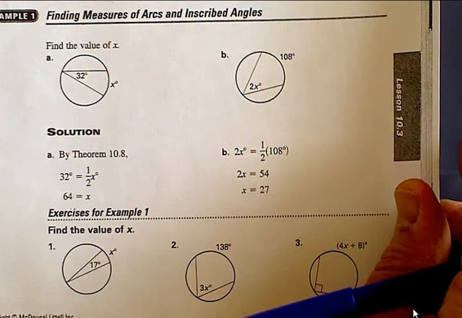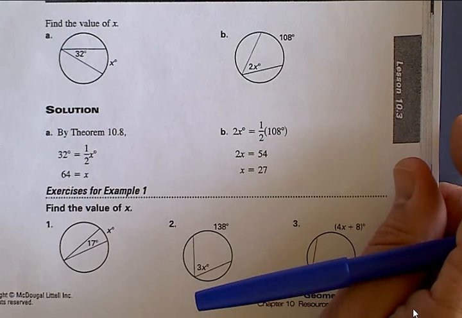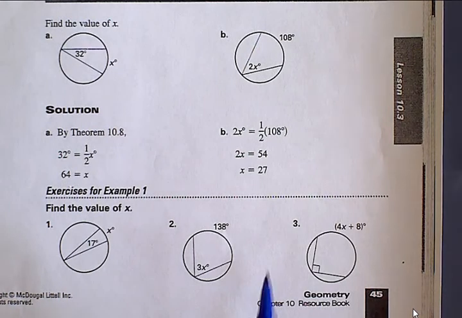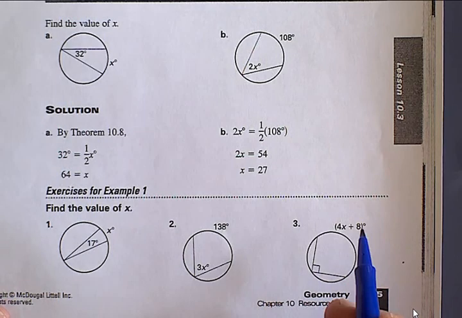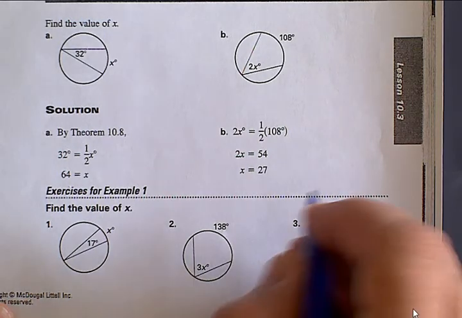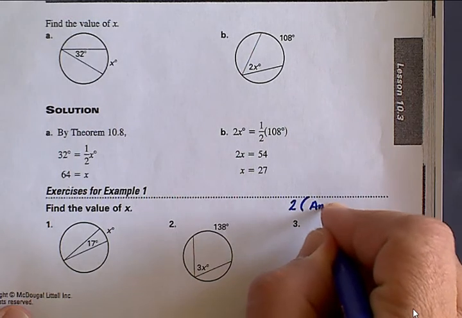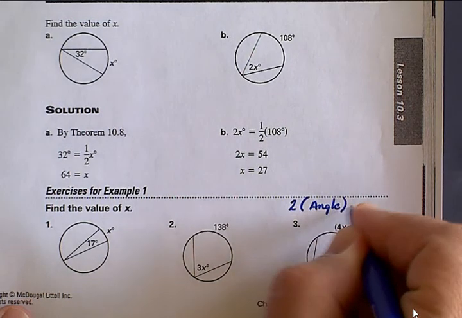So on the first page of the Reteaching with Practice, down on the bottom, number 3, I see that my inscribed angle here is 90 degrees and it intercepts an arc that's identified as 4x plus 8. So I know that 2 times the angle equals the arc.